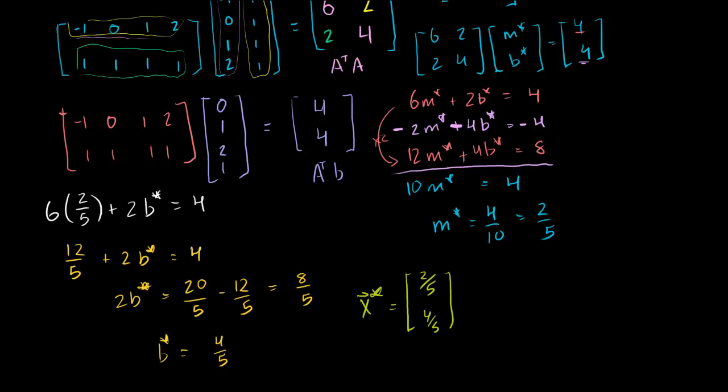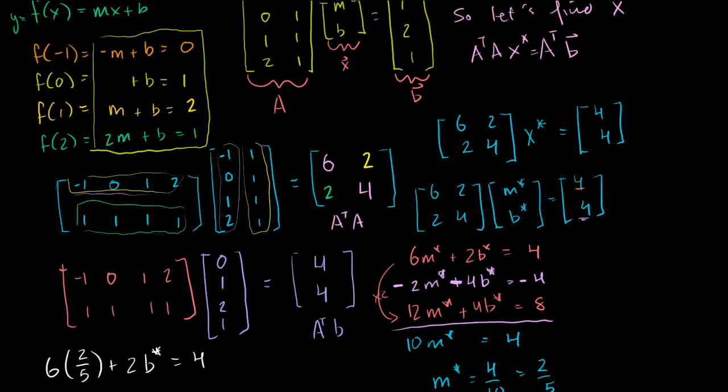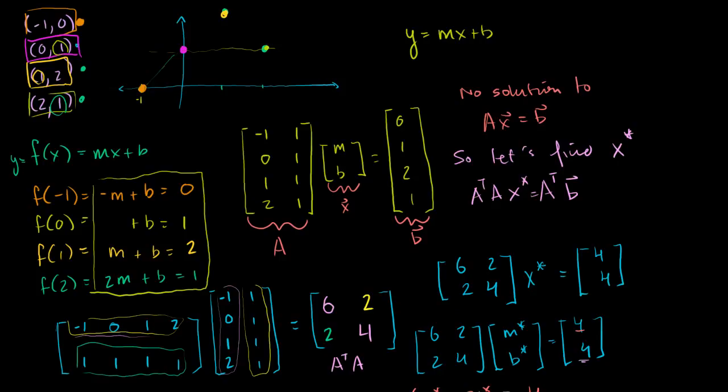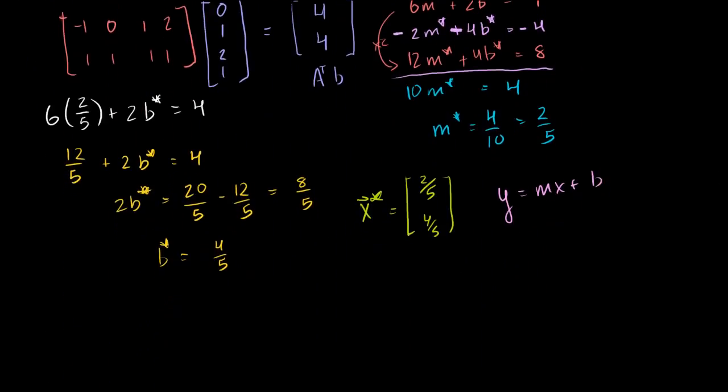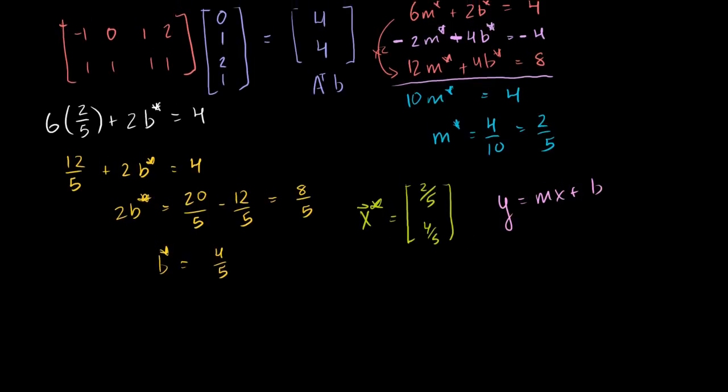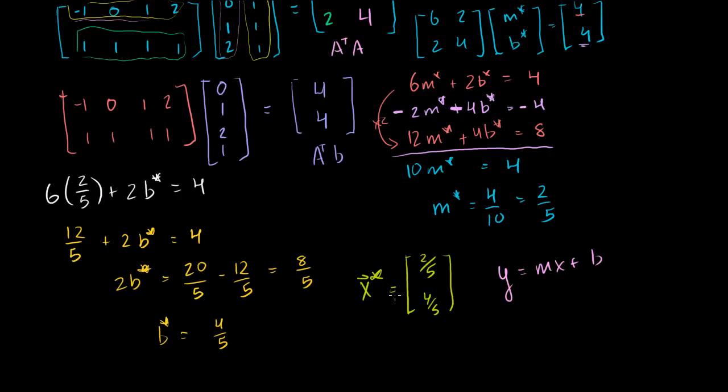And remember, the whole point of this was to find an equation of the line. Y is equal to mx plus b. Now, we can't find a line that went through all of these points, but this is going to be our least squares solution. This is the one that minimizes the distance between A times our vector and b.